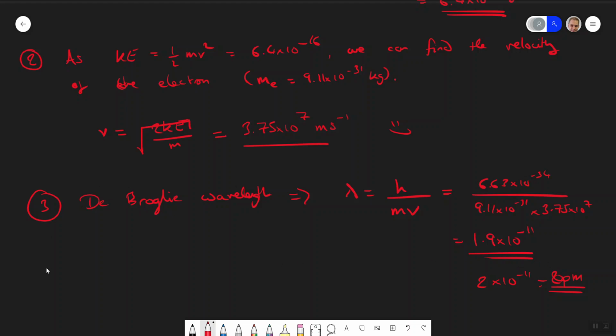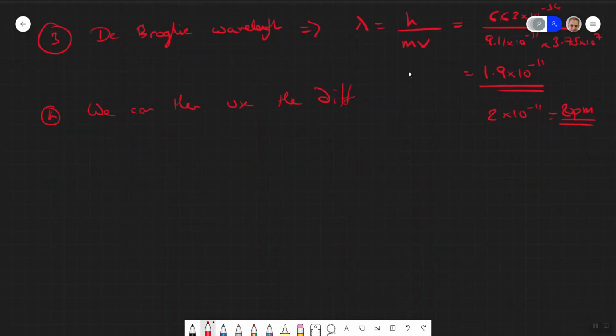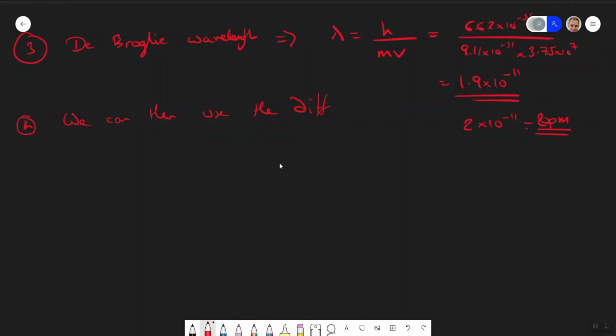We can then use the diffraction grating equation. Diffraction.